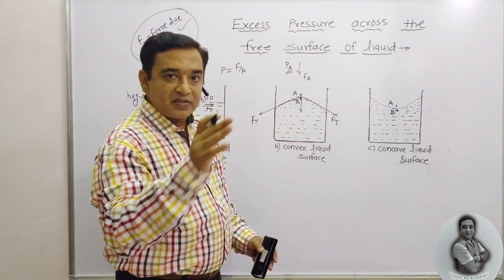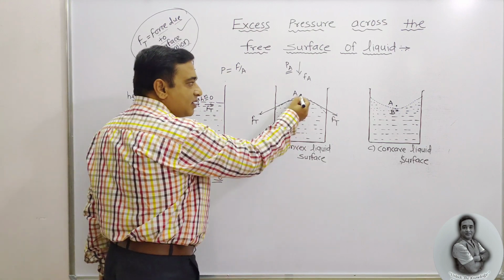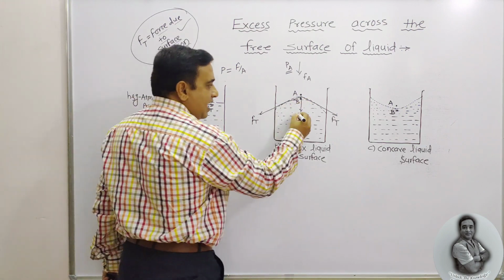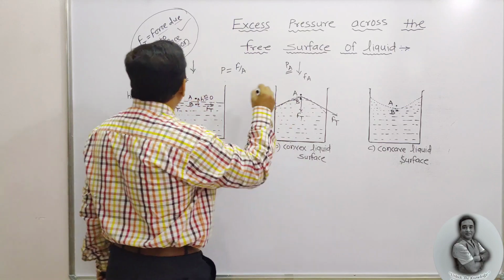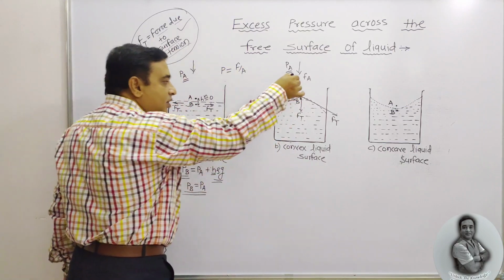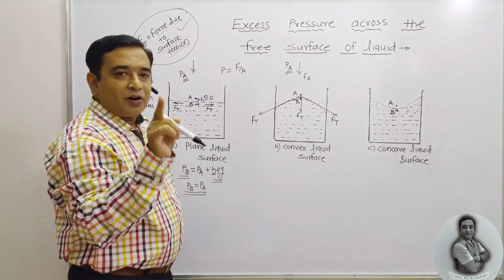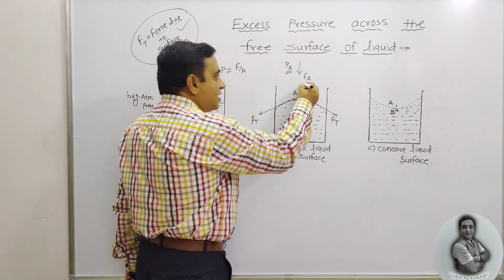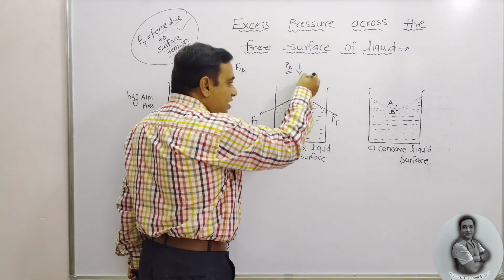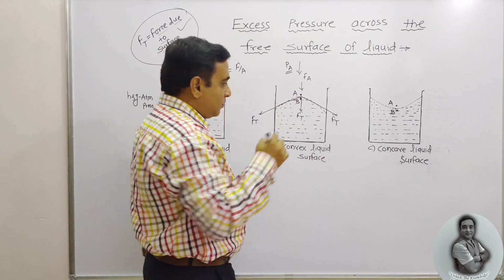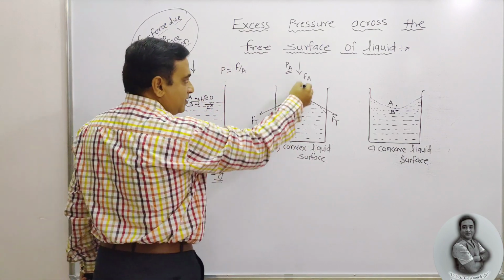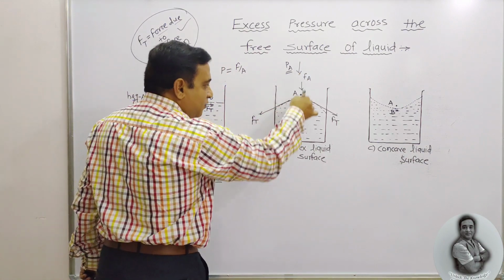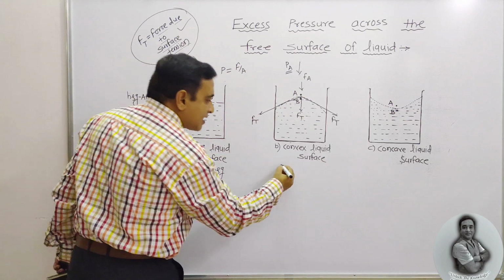That is the resultant, and hence the resultant at B, that is Ft, the resultant force due to surface tension, goes in the downward direction, and obviously the force due to the atmosphere gets added to that. Means at B, the force due to A and the force due to surface tension are added.